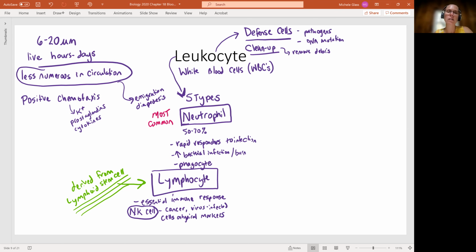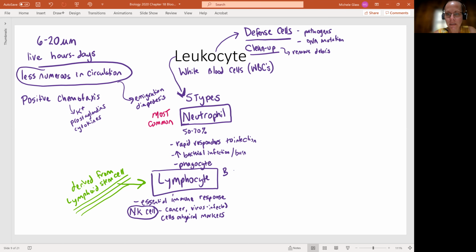The key feature here is these are all your cells that in some way, for some reason, are not behaving normally, right? So it's your cell that's infected with the virus. It's your cell that has become cancerous. It's your cell that has this atypical marker.